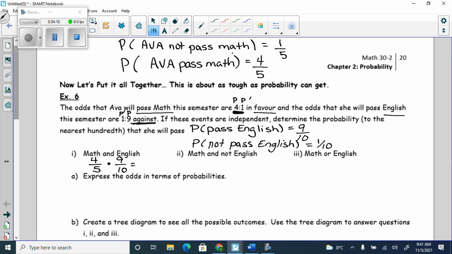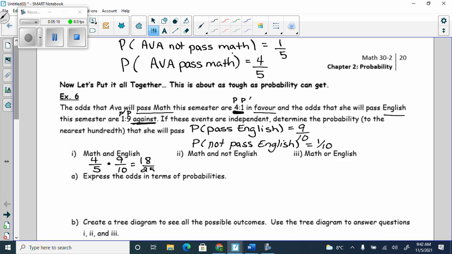Go. What are you going to get? 18 out of 25?